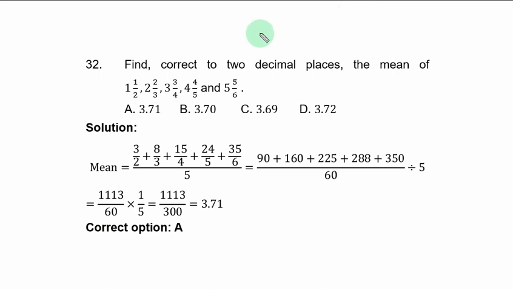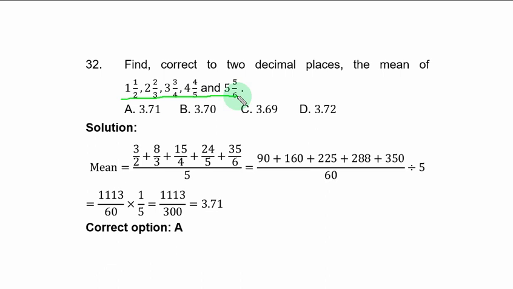Question 32. Find, correct to two decimal places, the mean of 1 whole number 1 over 2, 2 whole number 2 over 3, 3 whole number 3 over 4, 4 whole number 4 over 5, and 5 whole number 5 over 6.